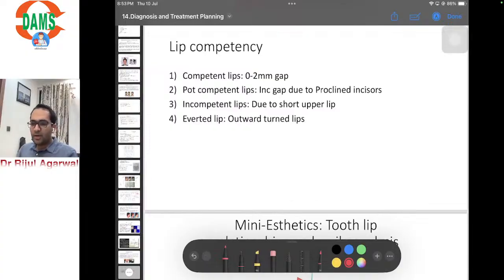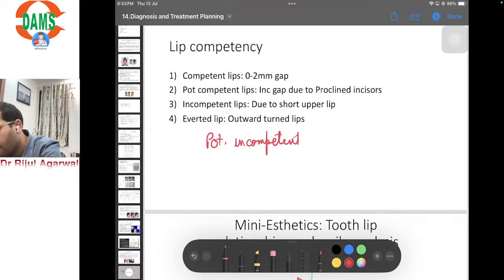I hope I am clear, lip trap and all that. Moving ahead, lip competency. So there are four kinds of lip: competent, potentially competent, incompetent and everted. One more thing, there is no term as such as potentially incompetent. So please don't ask this doubt, what is potentially incompetent. How come it is everted then?